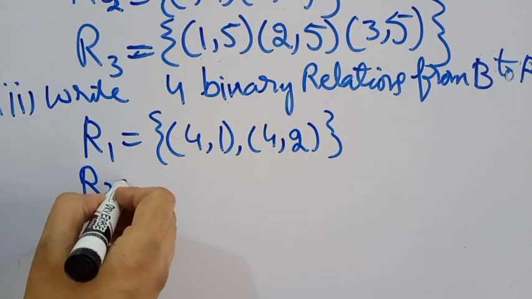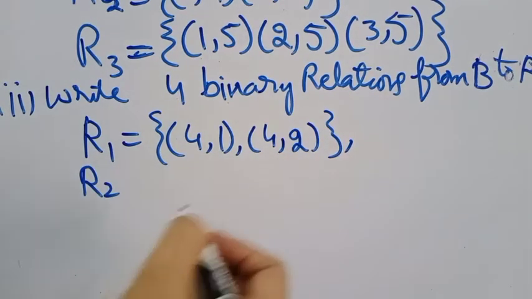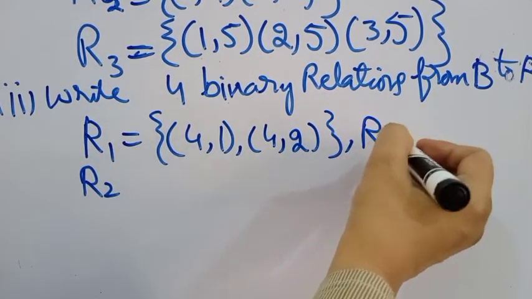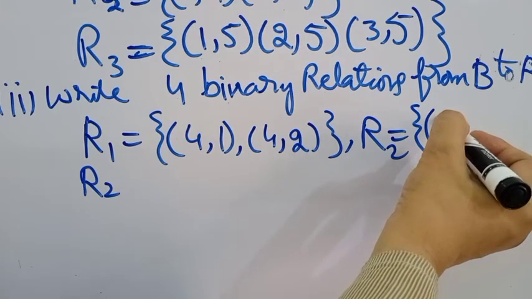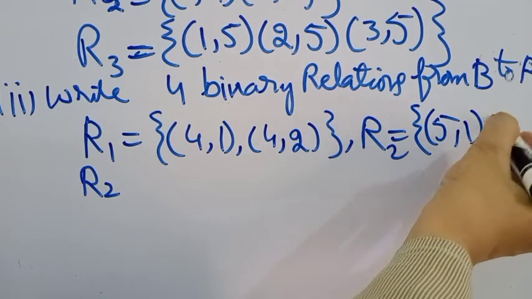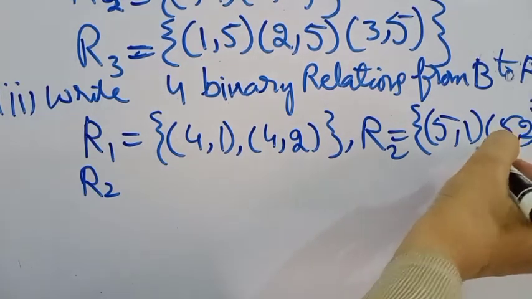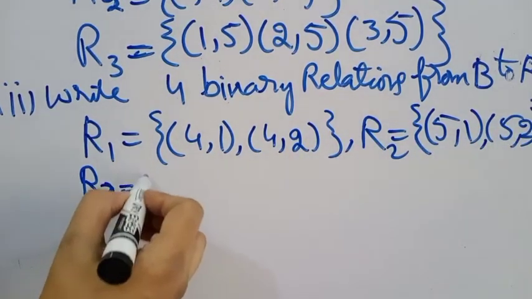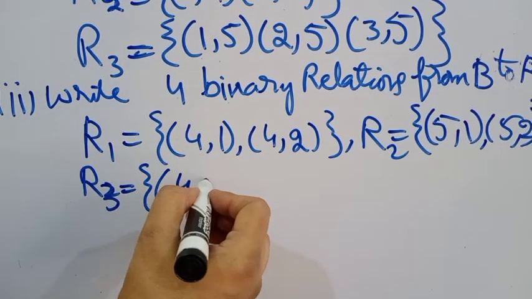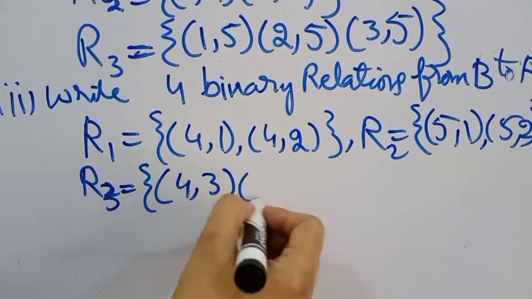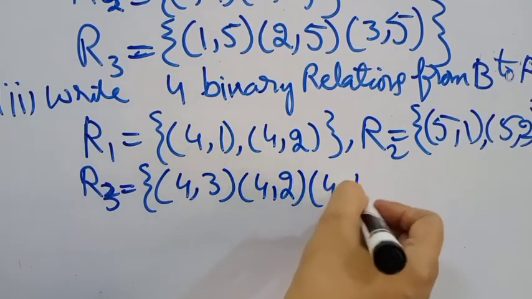R2, we can write R2 here: (5, 1), (5, 2). R3: (4, 3), (4, 2), (4, 1).